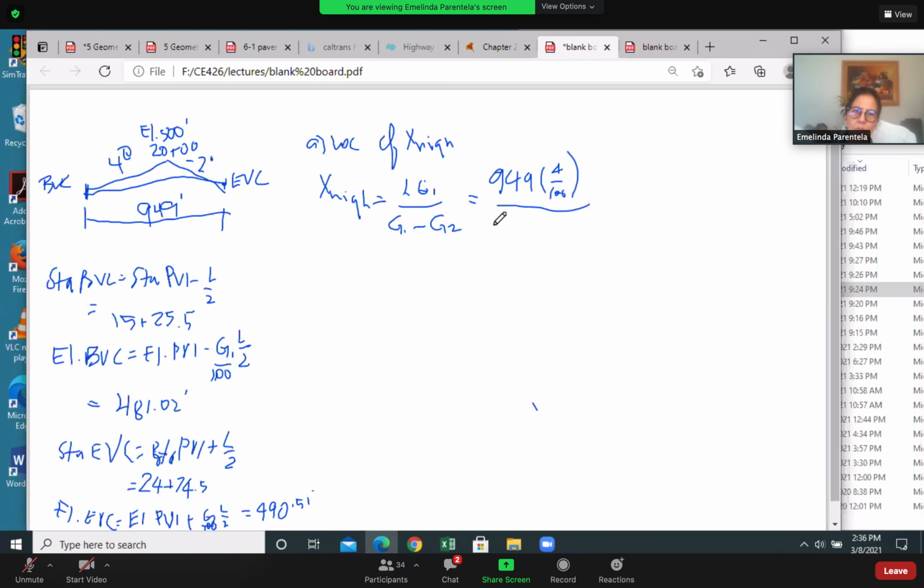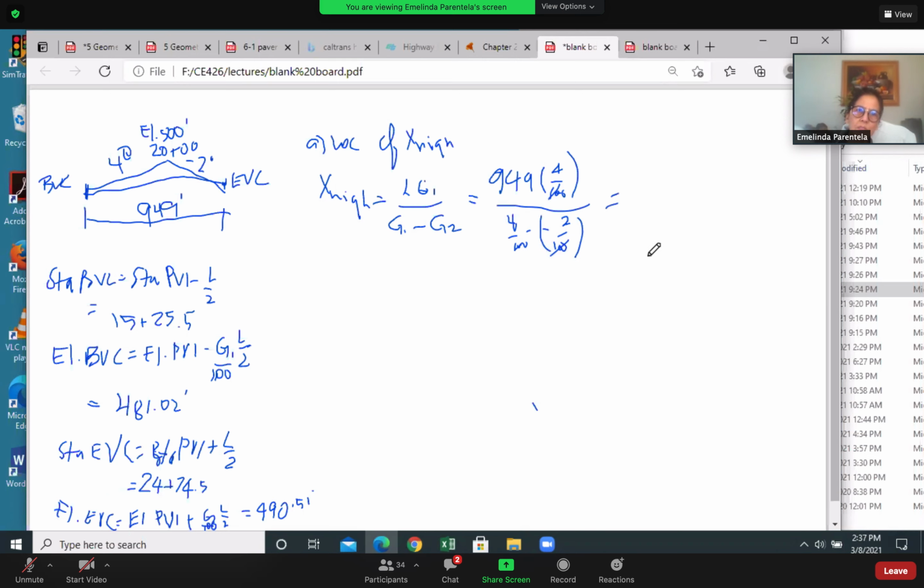And G1 here would be 4 minus minus 2 over 100. So all of this cancels out. So I can just write 4 minus minus 2, so 6.